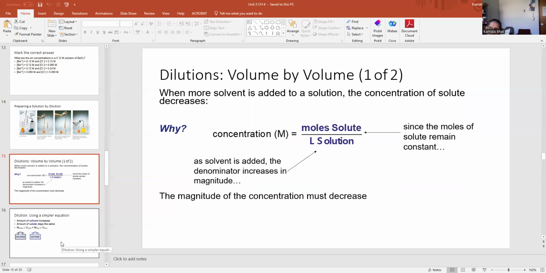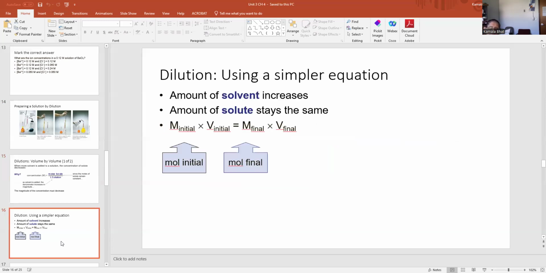When you add a solute and add water to it, the original amount of solute remains the same. If you remember that, then the moles of solute at the beginning of the experiment and at the end of the experiment must remain the same.